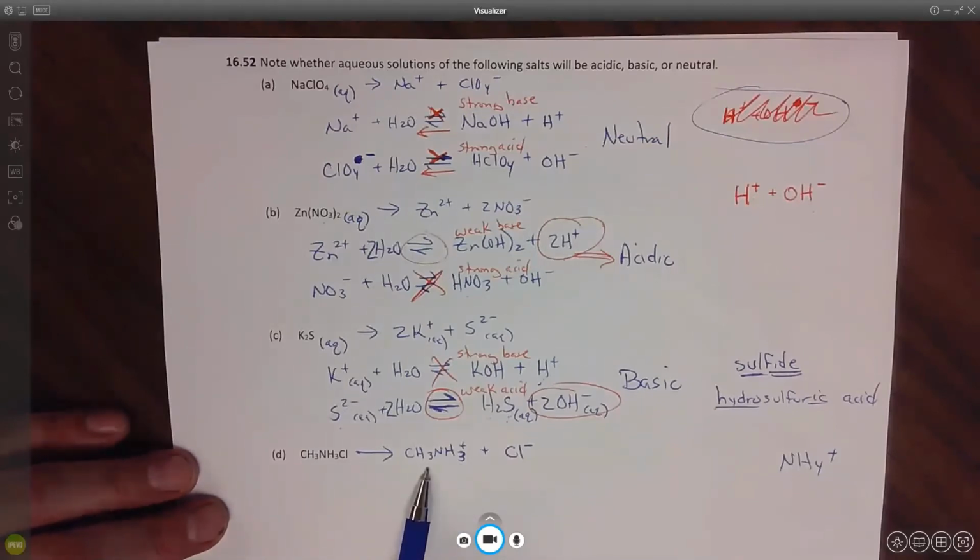Nope. What about chloride? Any rules for chloride in your solubility rules? Well, it can accept protons. No, that's not the solubility rules. The solubility rules tell us whether a salt is soluble or insoluble. We need to know that to know if it's a strong electrolyte or a weak electrolyte.